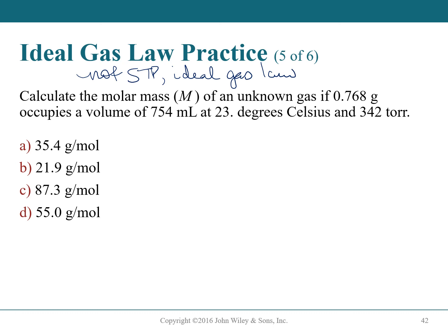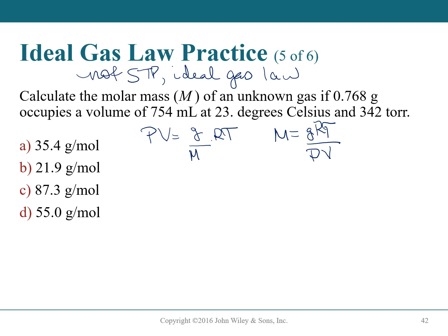Okay, so when we look at the ideal gas law, what we're going to do is use a modified version. So remember, since we're looking at molar mass, that's equal to G over M times RT. Since we're looking for molar mass, M is equal to GRT over PV. So let's go ahead and get all of our values, and then we can plug them in.